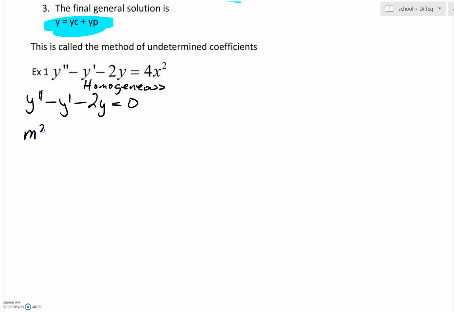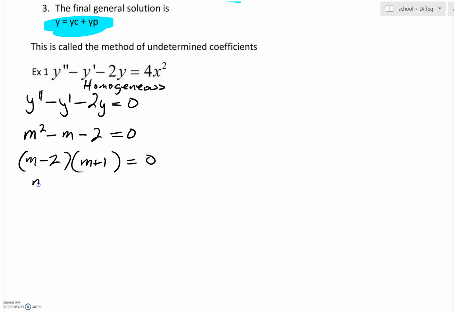Would you agree if we assumed that a general solution would look like y equals e to the mx, that a characteristic equation would look such as this, m squared minus m minus 2, right? And then we'd factor it, right? And we could say, well, let's see, I think it does factor, doesn't it? What do we get? M minus 2 and m plus 1.